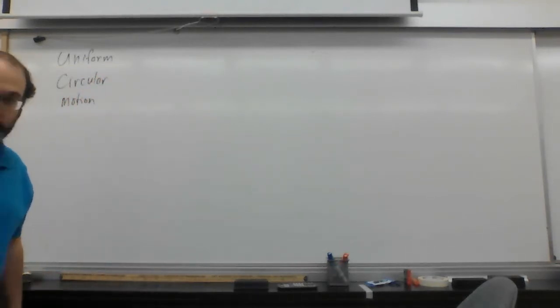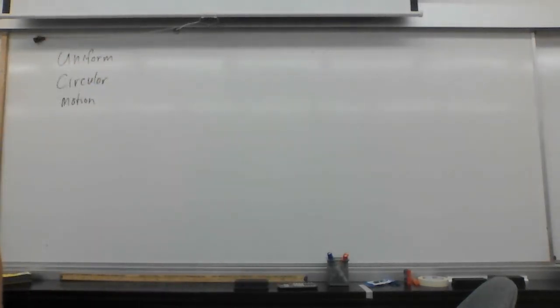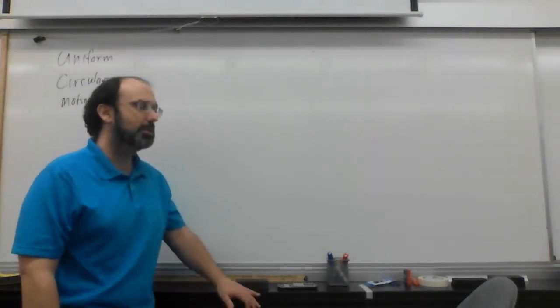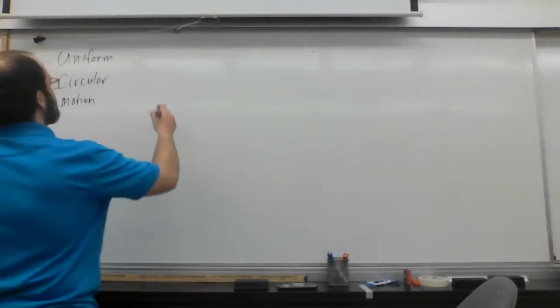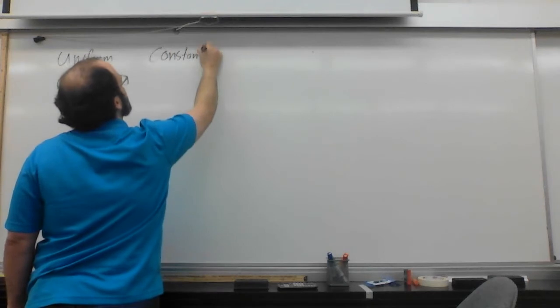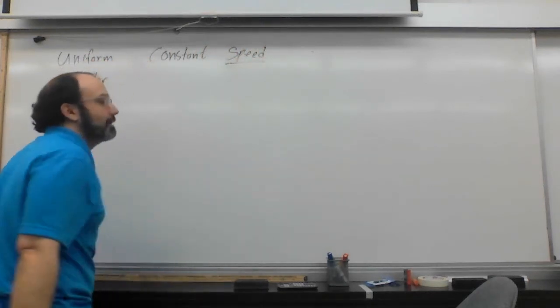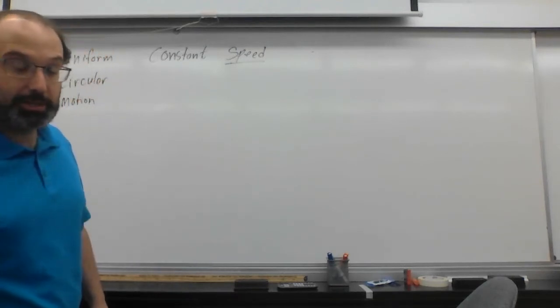It's this thing that I keep holding up. But what is uniform again? You know what uniform means. Uniform means that it's staying the same. It's not changing. So if it's not changing, that means that this thing has a constant speed. And speed is key here, as we are going to see as we go through this. So we have a constant speed.